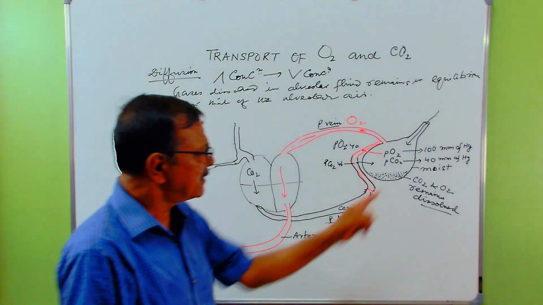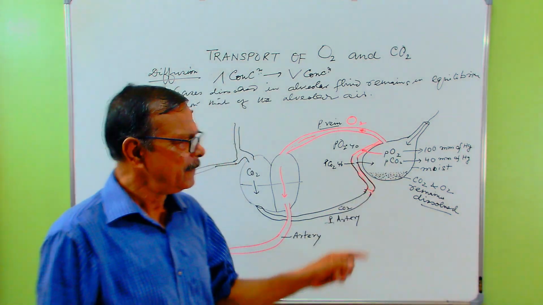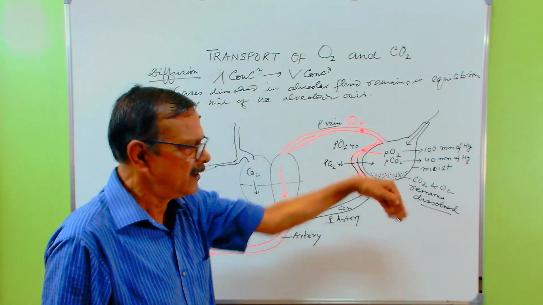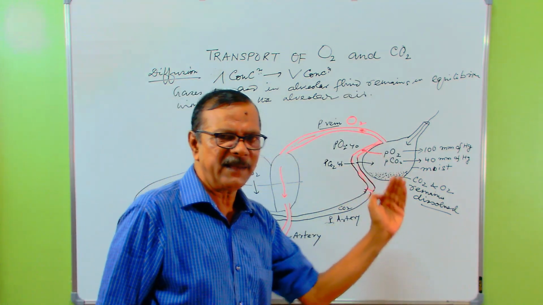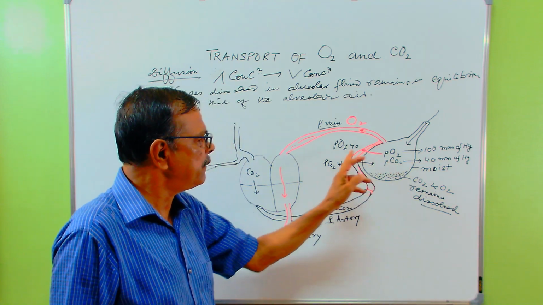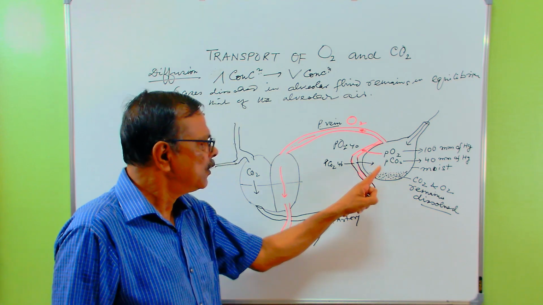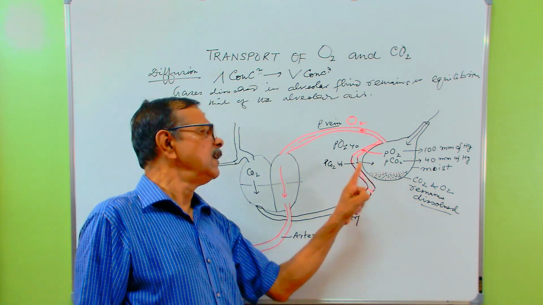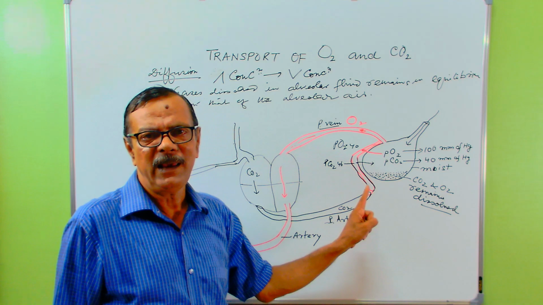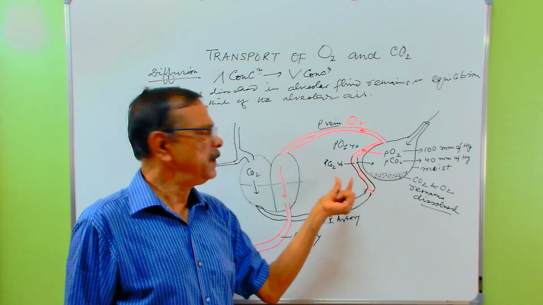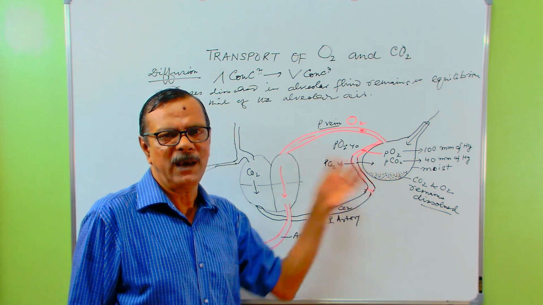Until this remains in equilibrium, some O2 will go on mixing like this, and CO2 will go on mixing like this. So there should not be proper diffusion of gases from the alveoli to the pulmonary capillaries. And the reverse is true for PCO2 here also.